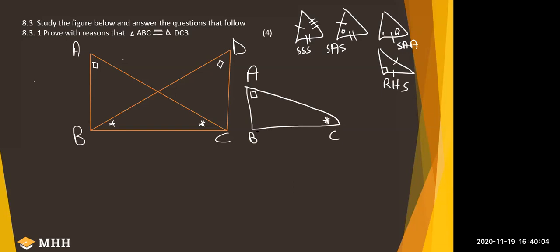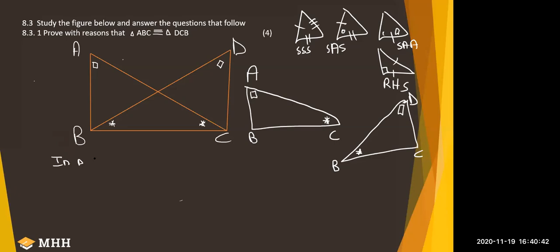Okay, so there's A, B, C, and let's look at D, C, B, right? Where my B is that one, and D is this one. Right, let's see. Prove with reasons that these 2 triangles will be congruent. So I already sit with 2 angles. So while I'm writing it down, you must try and look for the third one.